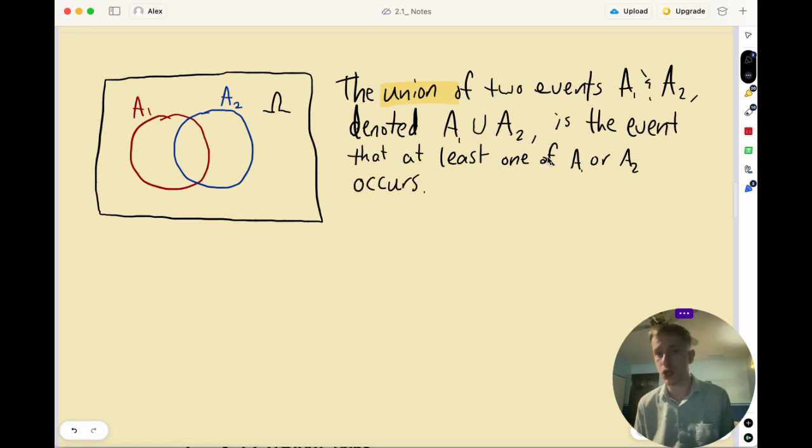So A1 could occur, A2 could occur, both could occur, but at least one of them occurs.